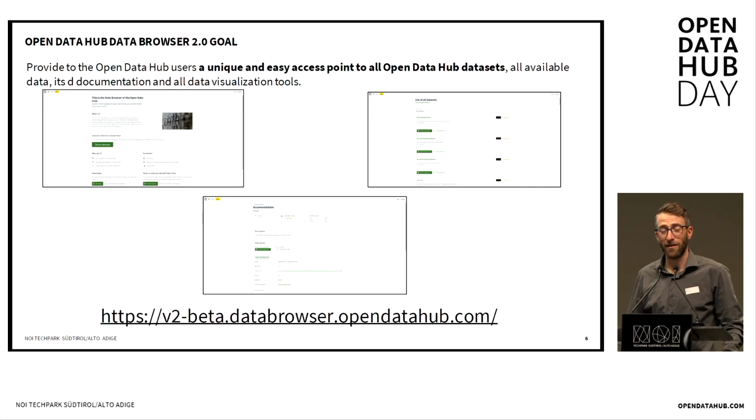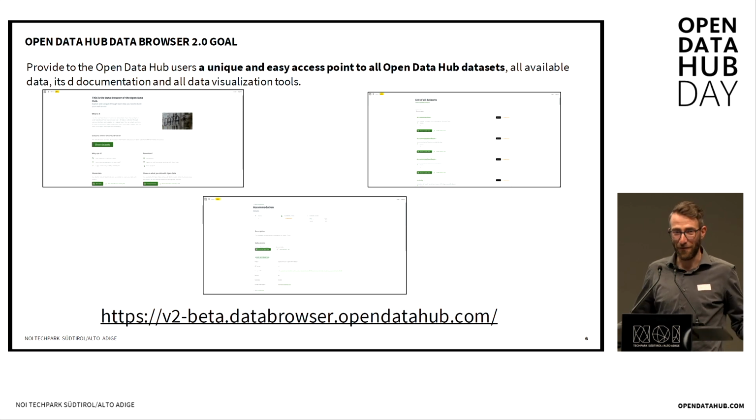So nearly 1 year ago, we decided to implement a new version of the data browser with a clear goal in mind: have a unique access point to all data sets we are exposing, as soon as they are exposed by the Open Data Hub API. So our customers know that if they go on the data browser, they see all the data the Open Data Hub is exposing without any doubts.